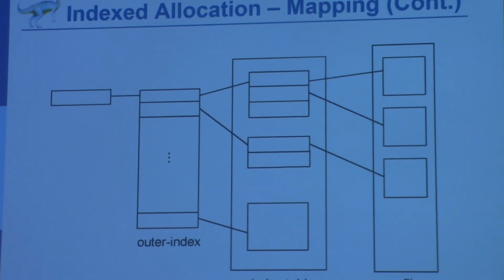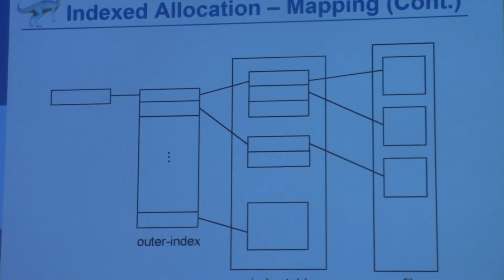So the indexed allocation and the multi-level index are used a lot. Have you ever heard about the inode? Inode is a file system data structure, an allocation data structure used in the Unix file system. When I used the Unix file system for the first time, it was limited by file size.